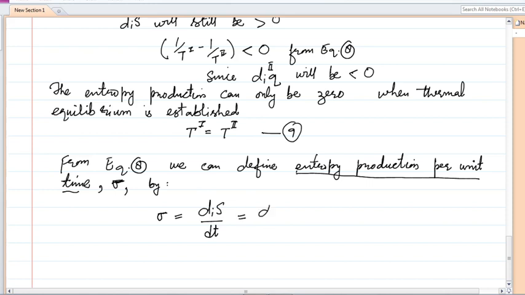So it can also be written as diQ first upon dt times the rest part, which will be the same, and it is greater than 0. We will name it as equation 10.